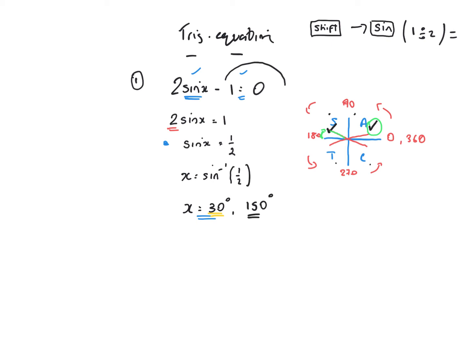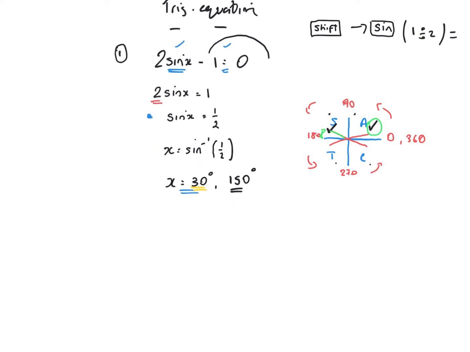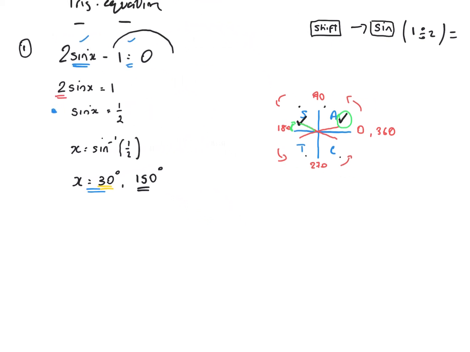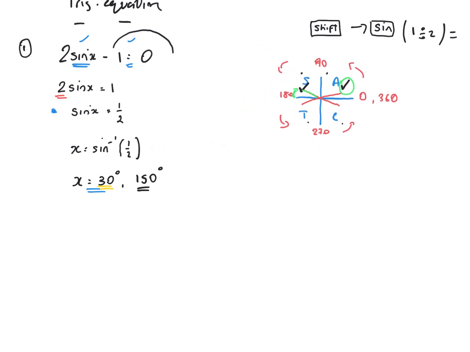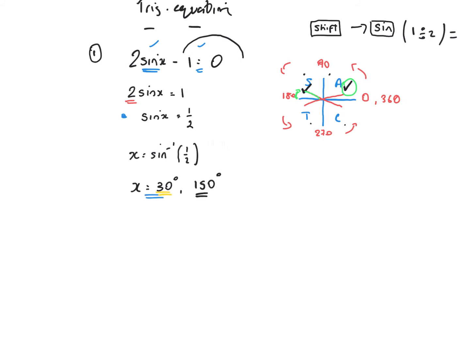So again, this will be explained in more detail when you get in class, but hopefully a bit of repetition just now will show you how to do these independently. Okay, so let's just talk through it again. Your first move is to get your numbers to the right hand side. Minus 1 crosses over to become plus 1. Times 2 comes down to become divide by 2. At that point, draw your CAST diagram.